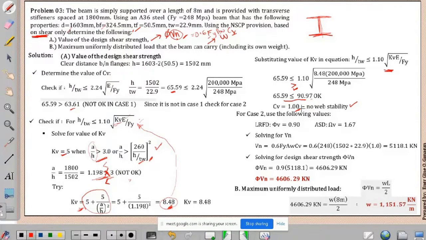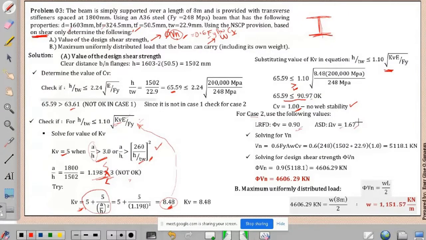The reduction factor for LRFD and ASD is equal to this value. For case 1, it is 1.0 and 1.5. For case 2, the reduction factor is 0.9 for LRFD and 1.67 for ASD.